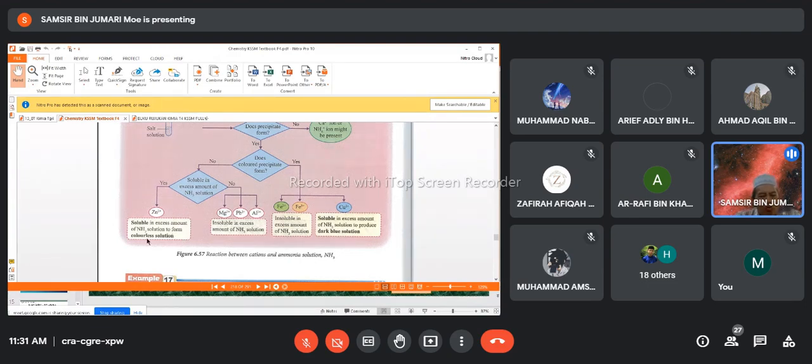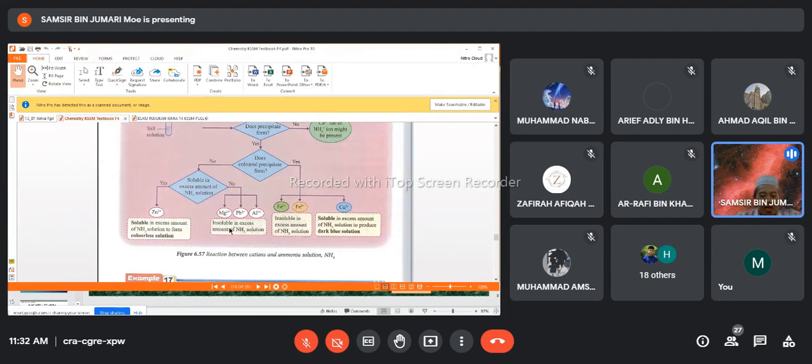Okay, to form the colorless solution. Kalau dia larut, dia menghasilkan larutan tak berwarna macam itu. Jadi makna faham dengan menggunakan ammonia aqueous solution ini, we can distinguish or we can exactly determine the zinc ion in the solution, in the salt solution.